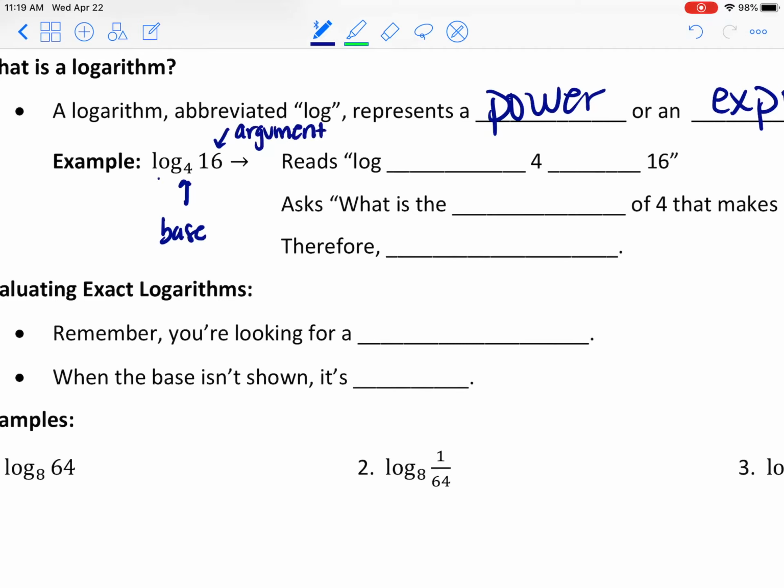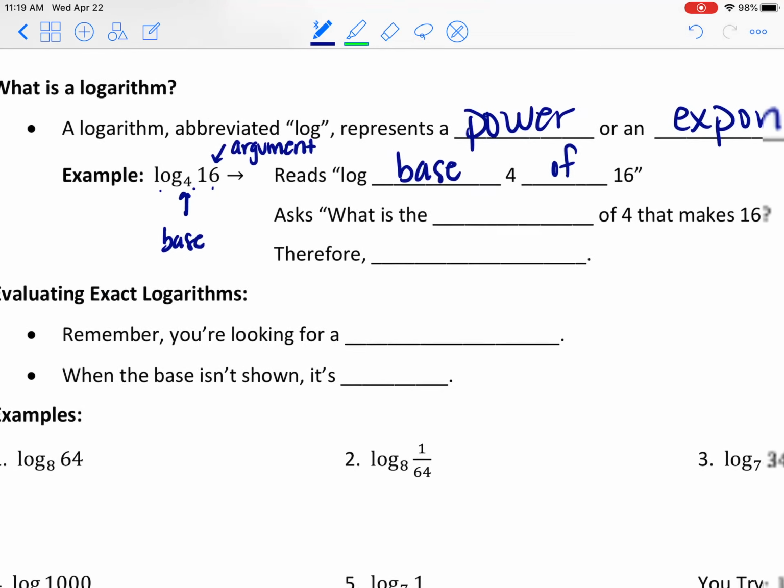The 4 represents the base of the log, and the 16 we call the argument of the log. When you're reading this, you would say log base 4 of 16. That's how you read it, okay?